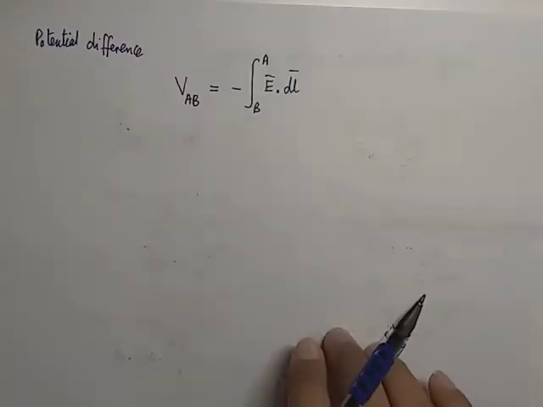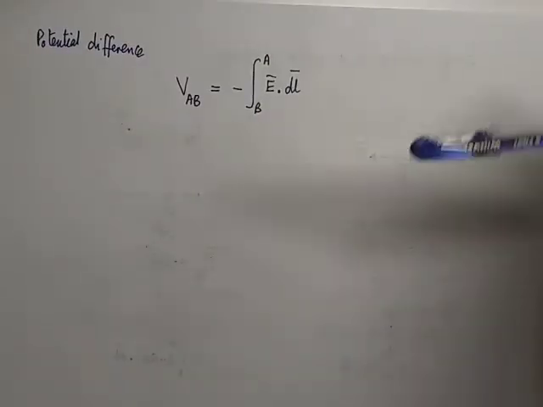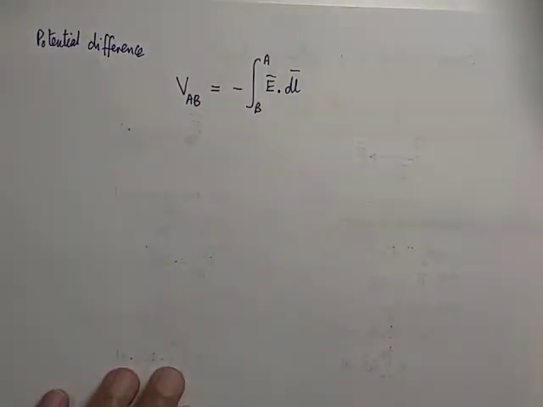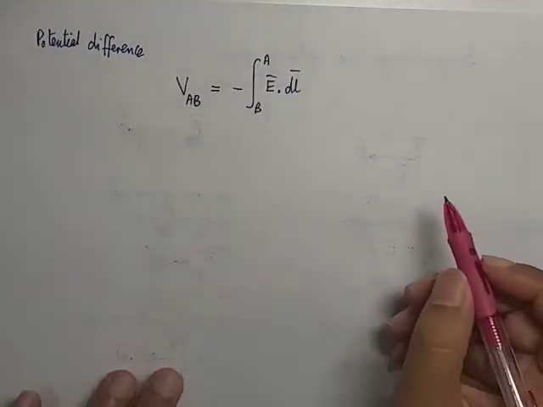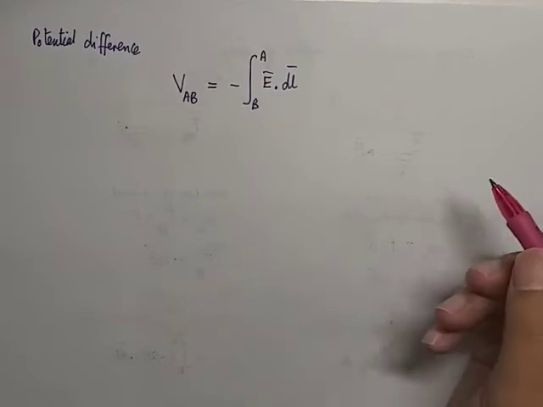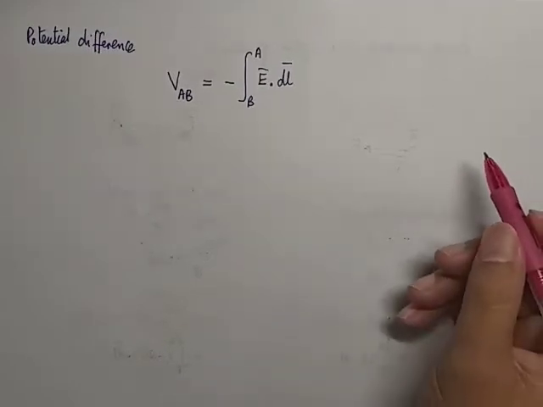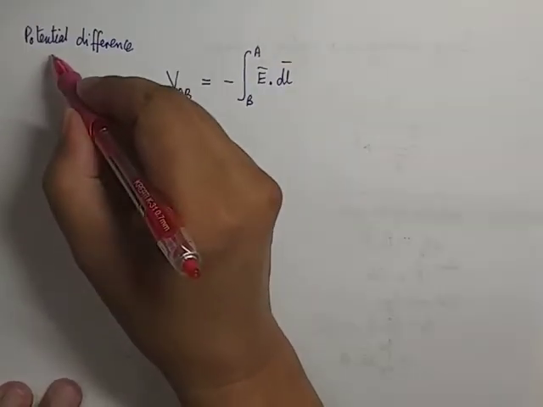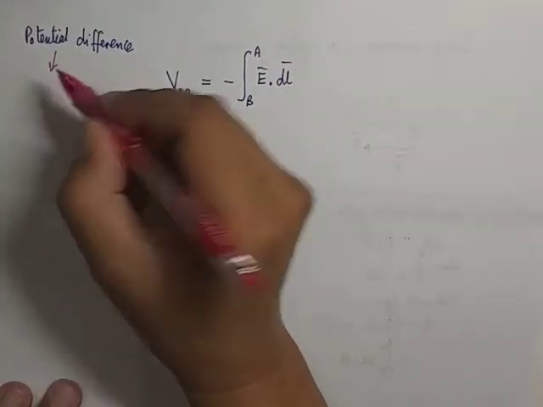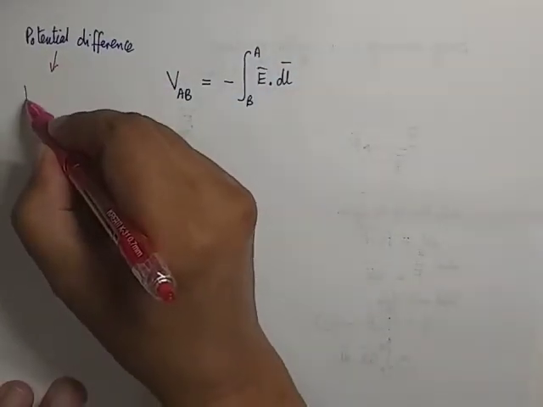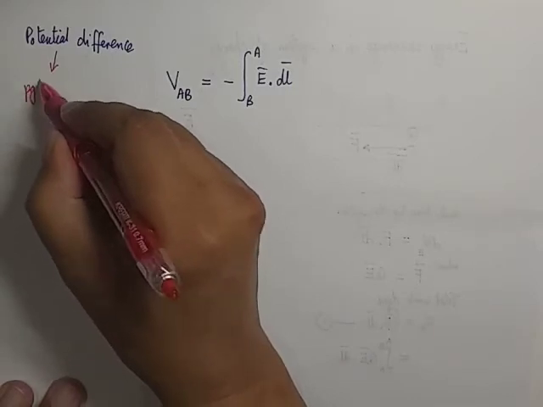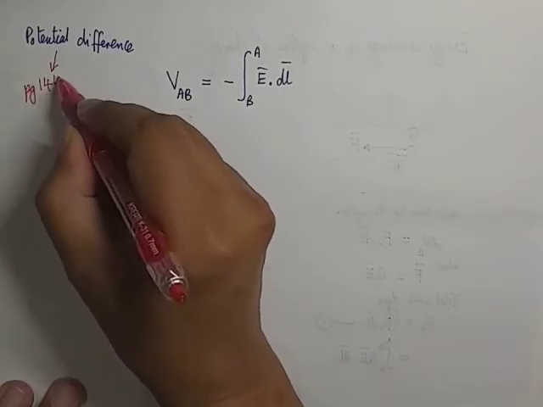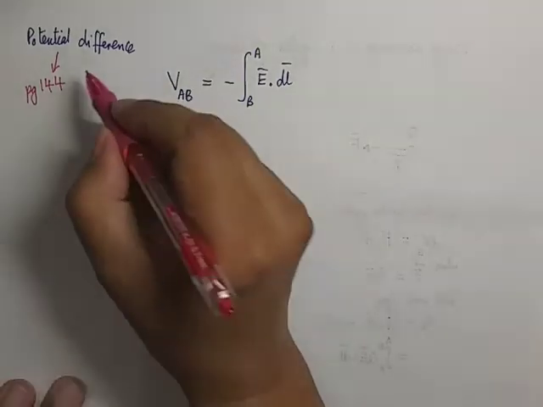So very simple example. Oh, by the way, for those who want to know how the issue that we're discussing relates to our textbook, you can refer to page 144. Potential difference is discussed in quite some detail by Sadiku, page 144, section 4.8.